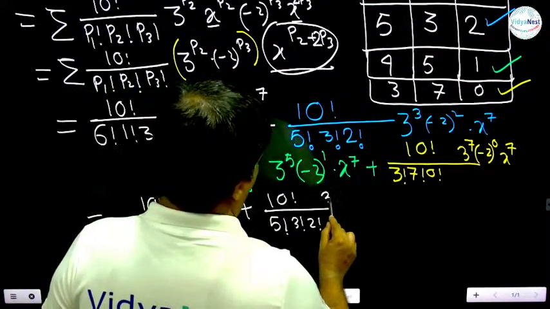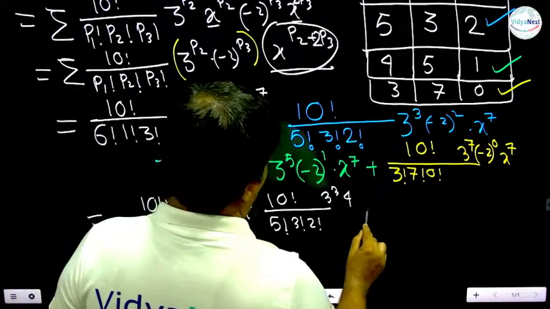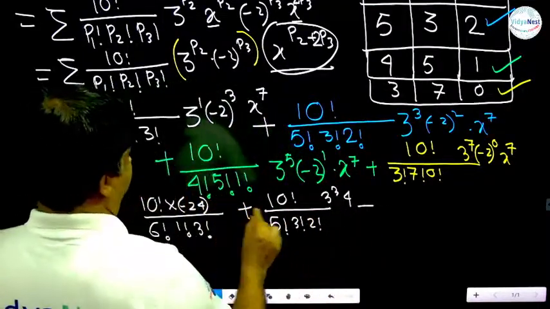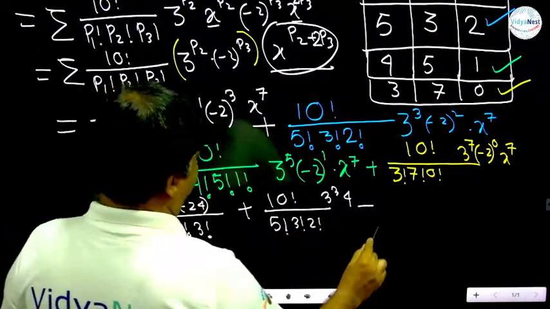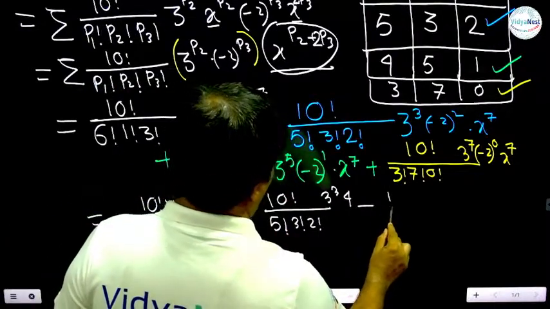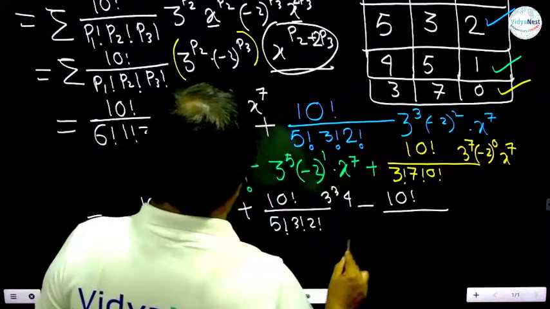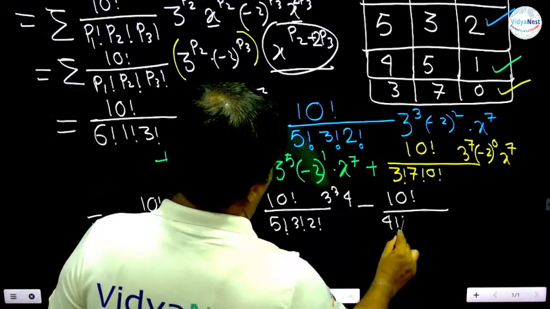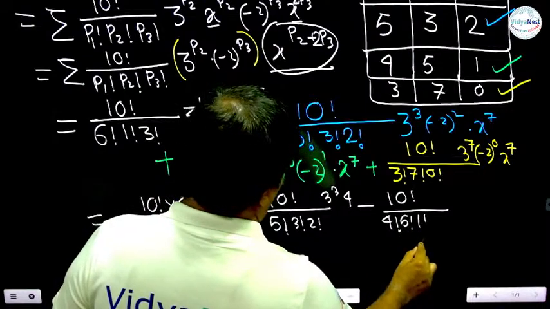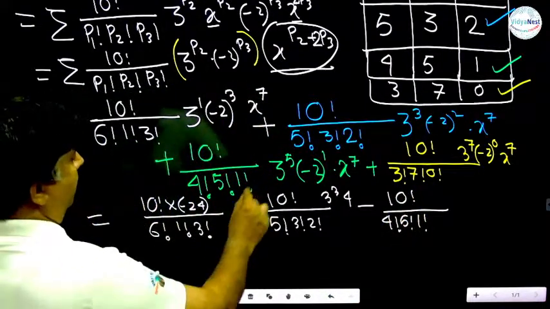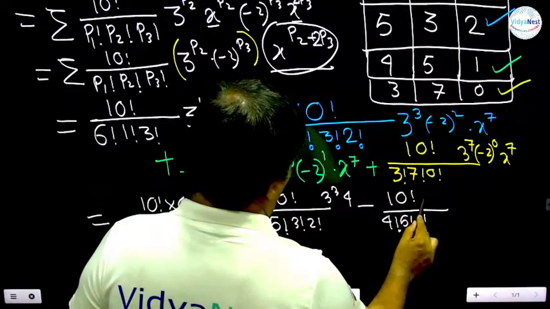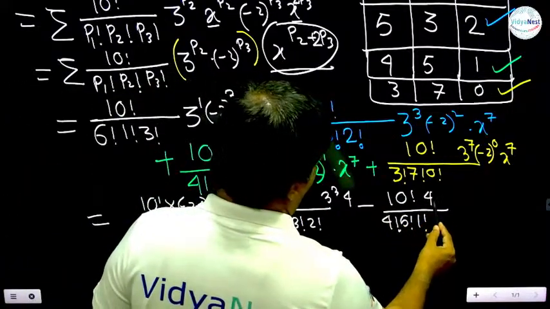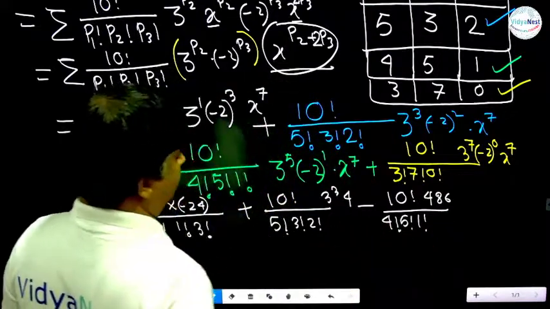Into 3 cube and into 4. Then factorial 10 minus plus minus, factorial 10, factorial 4, factorial 5, factorial 1. 3 to the power 5 is 243 into minus 2, that means minus 486. Already I have taken the minus outside.